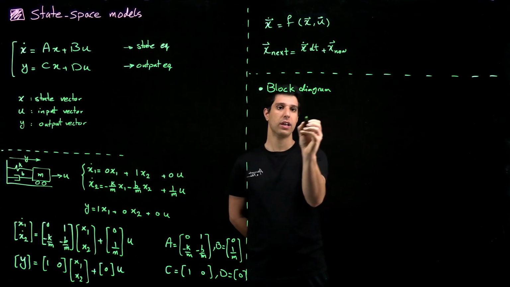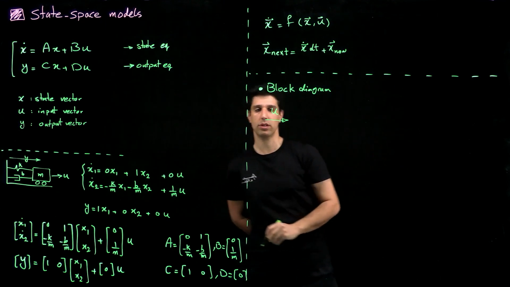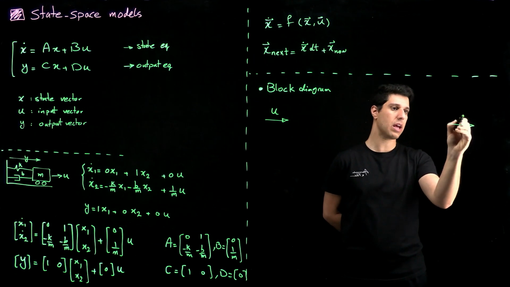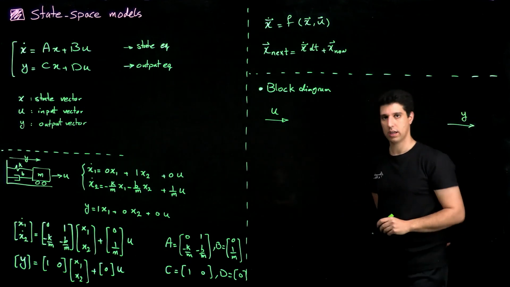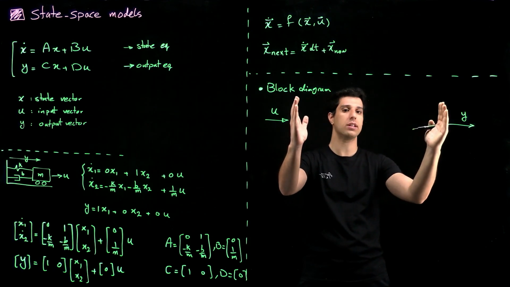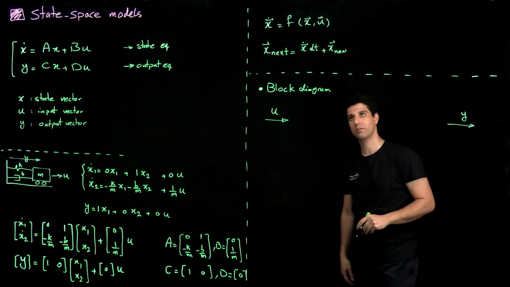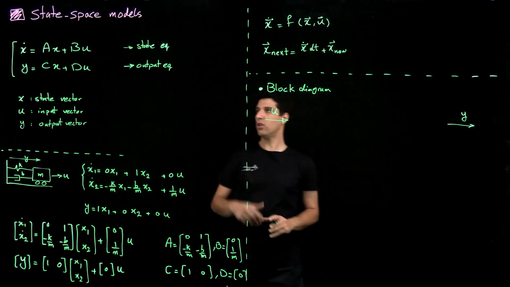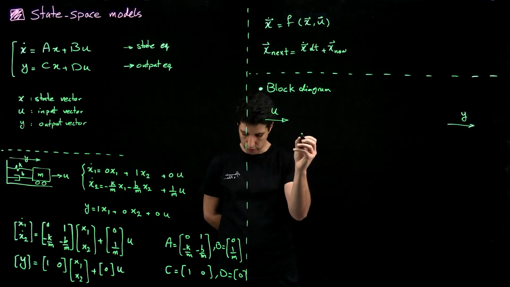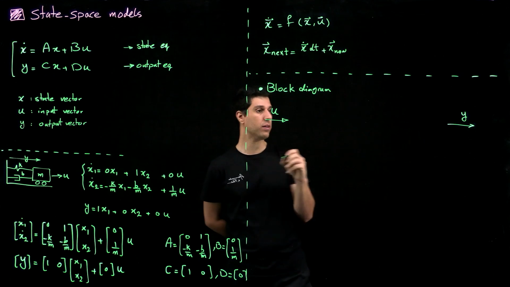So I want to build something that I receive input u, something in the middle, and get output y, right? So in a transfer function notation, this entire thing was collapsed into one transfer function in the middle. But with that notation, we can do similar thing. It needs a little more things in the middle.